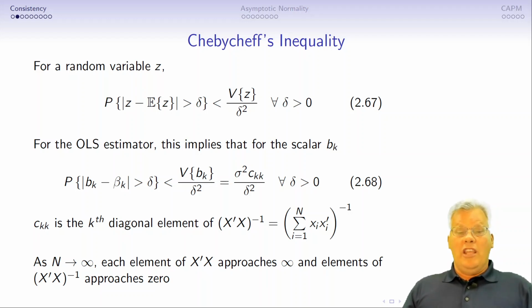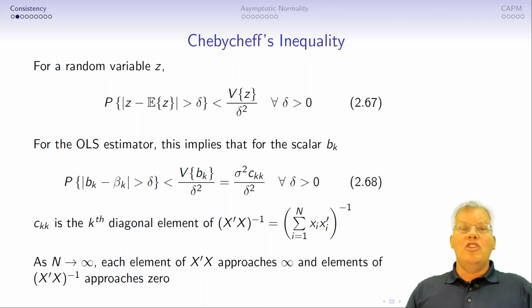Sigma squared is, you recall, the variance of epsilon, and c sub kk Verbeek defines as the kth diagonal element of x prime x quantity inverse. That's using the full matrix notation.